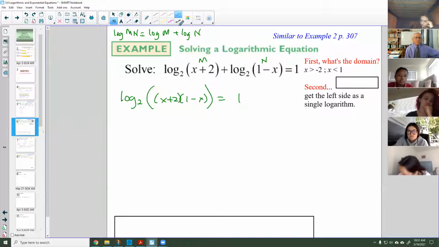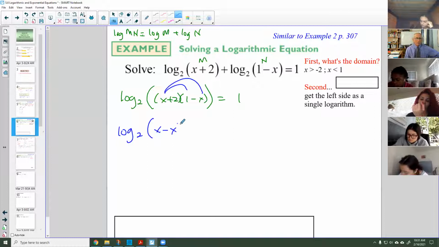Well, let's FOIL this out. Log base 2. So I have x minus x squared plus 2 minus 2x equals 1.